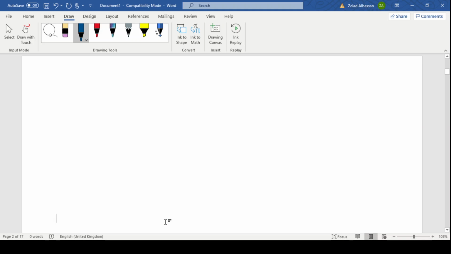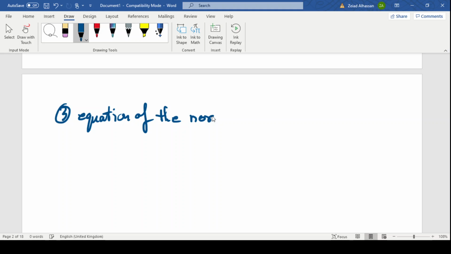Now number 3, equation of the normal. And as you know, if we have a tangent to the curve at a point, the normal is a perpendicular line.